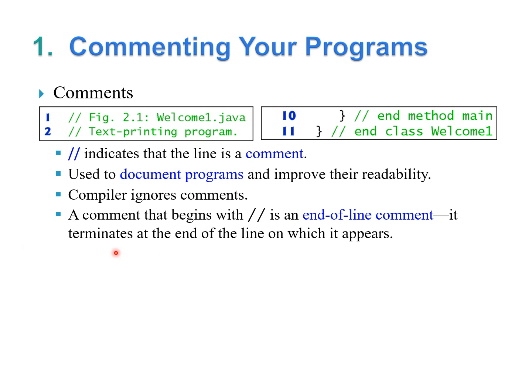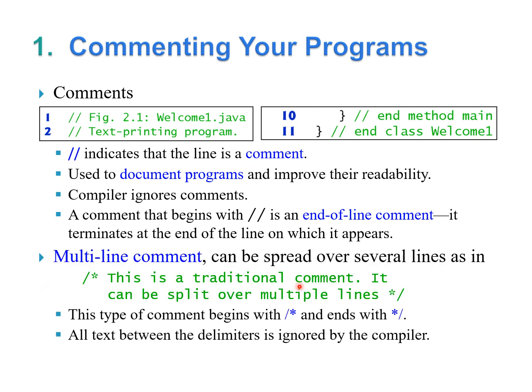Another type of comments is multi-line comment, which can be spread over several lines as in this example. This type of comment begins with a forward slash and an asterisk and ends with an asterisk and a forward slash.